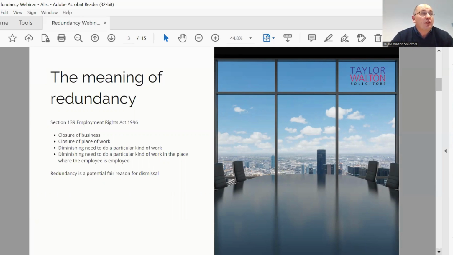Unless there's some form of transfer, of course, under the transfer of undertakings regulations. But for our purposes, if the business closes and doesn't continue on in any form, that will amount to a redundancy situation.